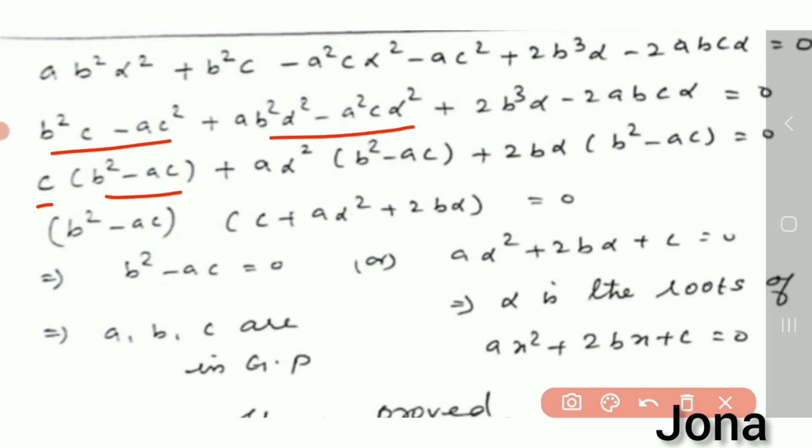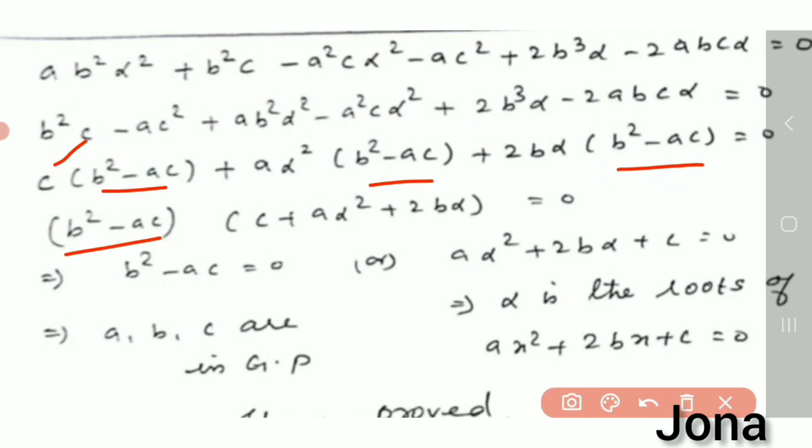From these two we can take a alpha square, with common factor b square minus ac. Again from these two we can take 2b alpha, the common thing is b square minus ac. So in the three terms we had the common factor b square minus ac. Take this as common, and the remaining thing is c, a alpha square, 2b alpha equal to 0.